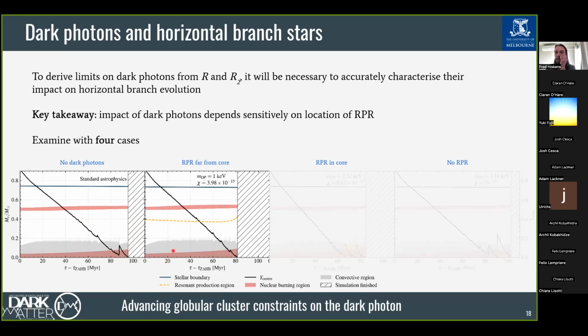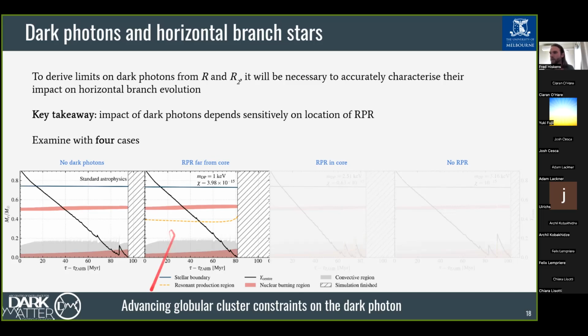In fact, the only real difference is that, first of all, there is no core breathing pulse, but as I've hinted, this is a stochastic process, so sometimes they don't occur. But the other difference is just that the duration of this phase has been reduced. The total lifetime of this evolutionary phase has been reduced, and this is essentially just exactly that application of the classic energy loss argument.